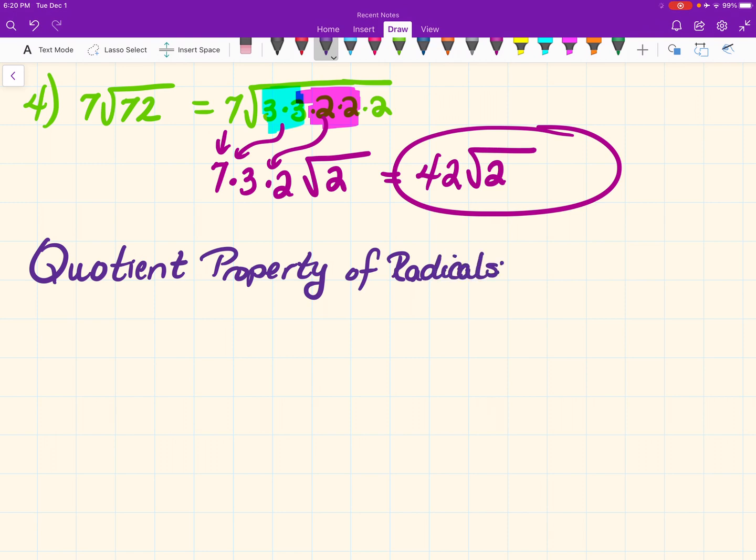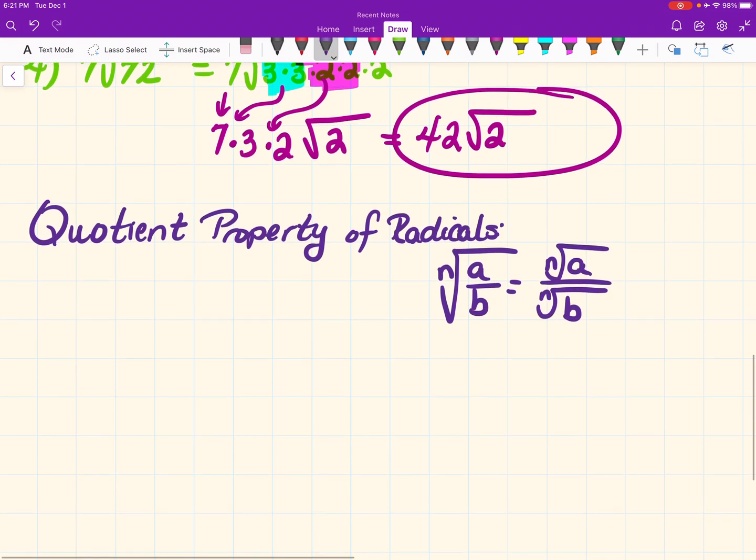Okay, and the way I wrote this is, if I have a fraction, a over b, like this, we can rewrite it like this. We can split it up. And we're going to have to do that in a minute, and I'm going to show you what that means.